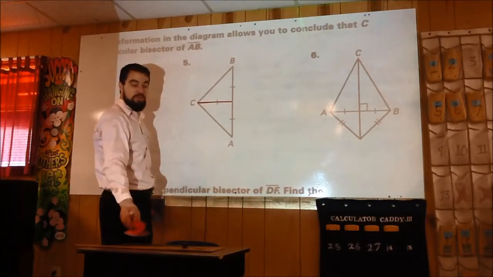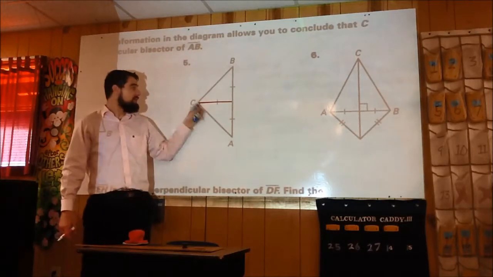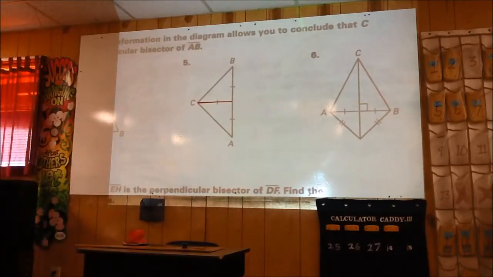In order for a point to be equidistant from the two endpoints, this segment has to be congruent to that segment. We can't prove that right now.